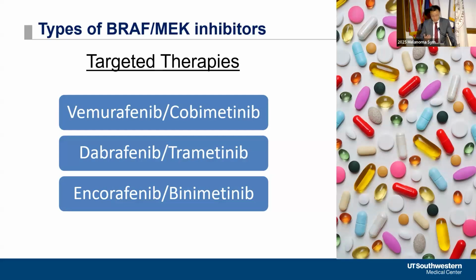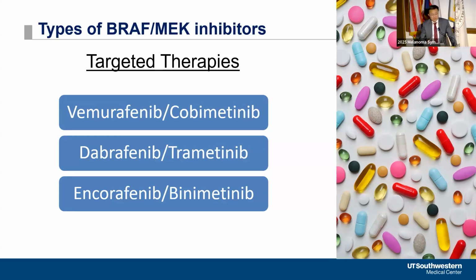You'll hear a bunch of different names, and these are listed here, but these types of therapies are oral therapies, meaning they're pills that you take every day. We talked about BRAF, and I'm also talking about MEK. Essentially what we've discovered over the past decade or so is that if we target BRAF, we can do a good job of shrinking the tumors, but over time, we can develop resistance.